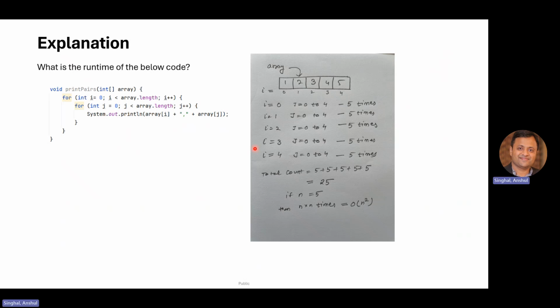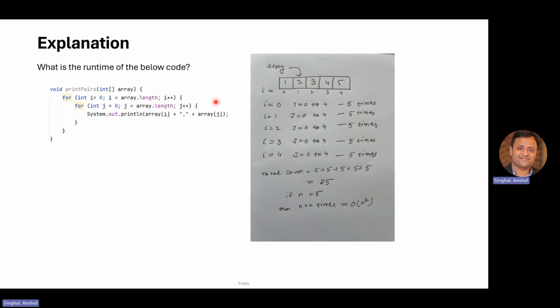So, for example, if this is our array 1, 2, 3, 4, 5, it contains 5 elements, so the index will go from 0 to 4. There are two for loops, one outer for loop and one inner for loop.